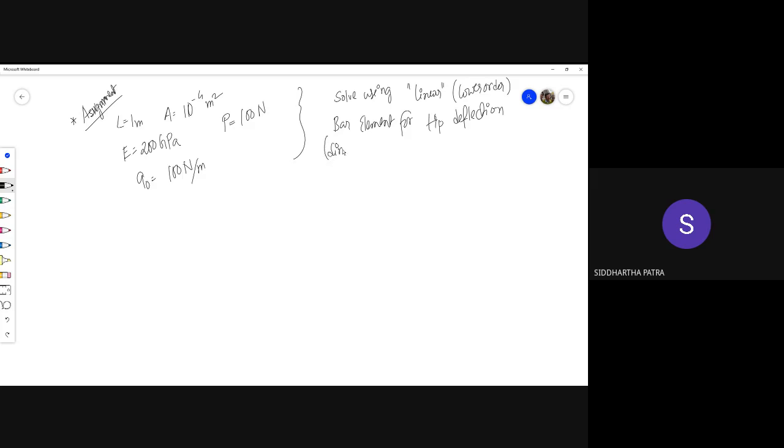Single bar element, tip deflection, and compare with closed form solution.